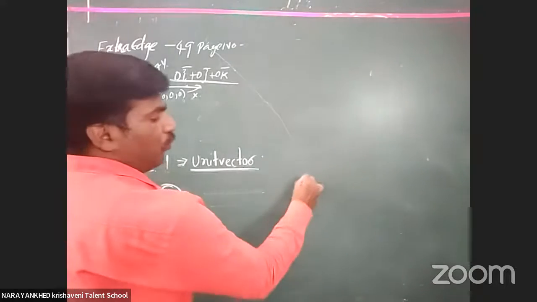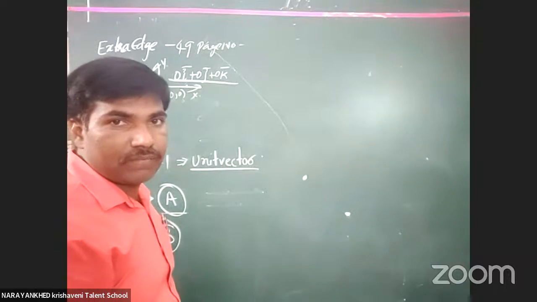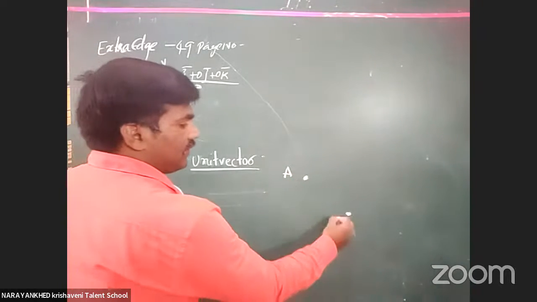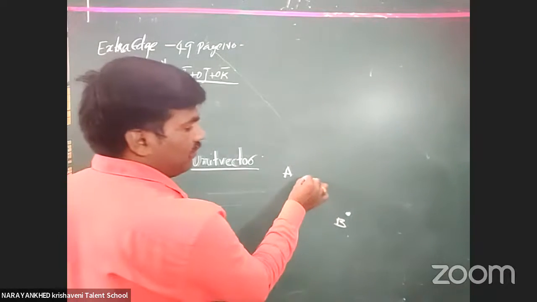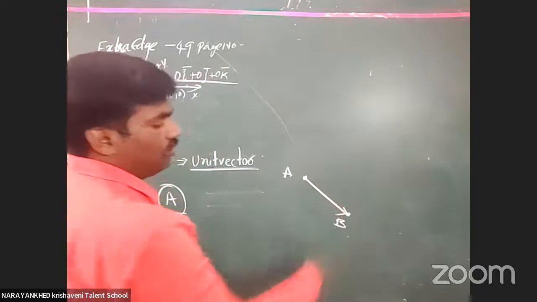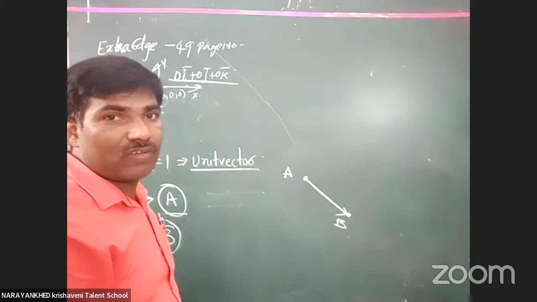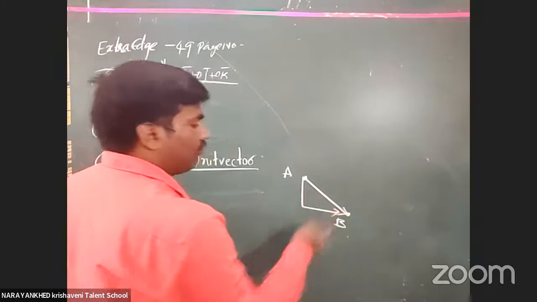Yes, there are two points, one is A and another one is B. For these two points, when the body travels along this direction, it is called displacement. Why? Because this is also one of the other paths available.